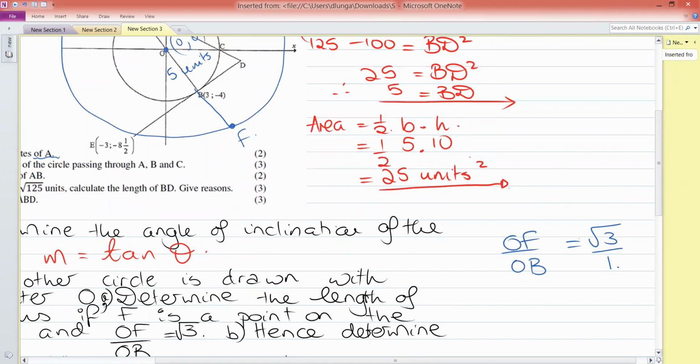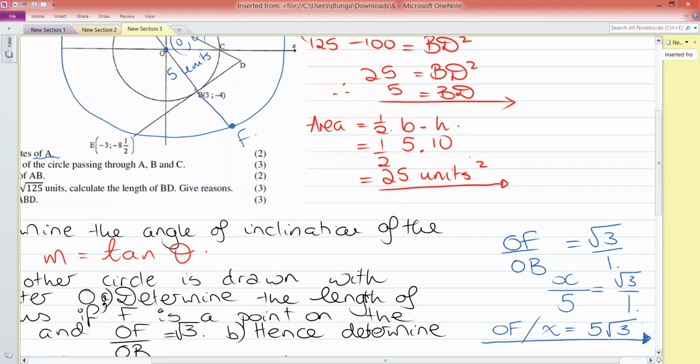So in place of OF, I'm going to put the unknown, X. Initially, we worked out OB as 5. It's the same proportion, √3 over 1. To solve for OF or X, I should multiply both sides by 5. So OF or X is equal to 5√3.